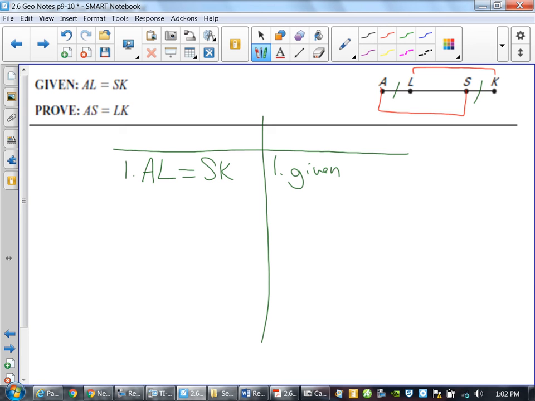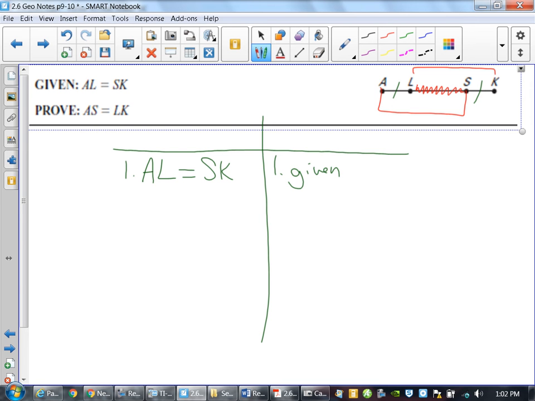They're trying to get you to show that the two larger segments are going to be equal to each other. Well, those two larger segments have something in common. What do they have in common? They have LS in common. See how there's that common overlap to both of those two segments?